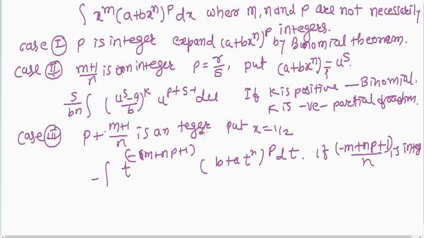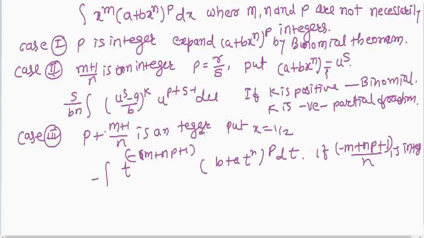So these are the three cases into which this integration is converted. The first case is very easy. If p is an integer, apply the binomial theorem, expand the bracket term and multiply by x raised to m, and that will be easily integrable. If p is not an integer, that means p is a rational number of the type r divided by s, where r and s are integers, but (m plus 1) divided by n is an integer, then directly substitute a plus b x raised to n equal to u raised to s.